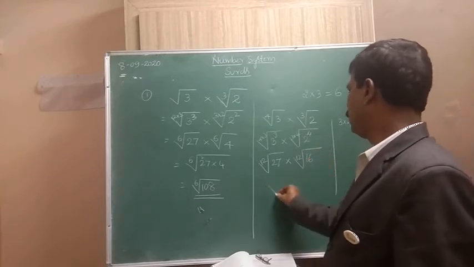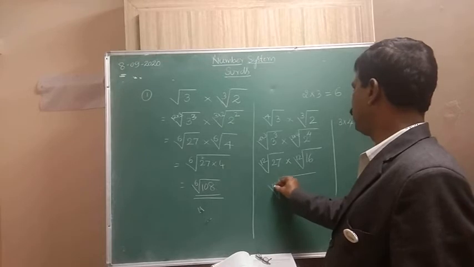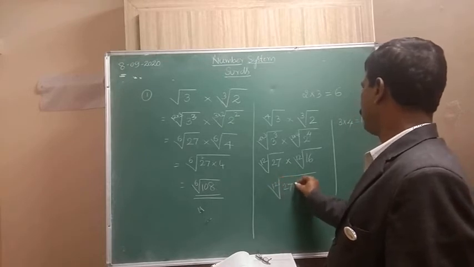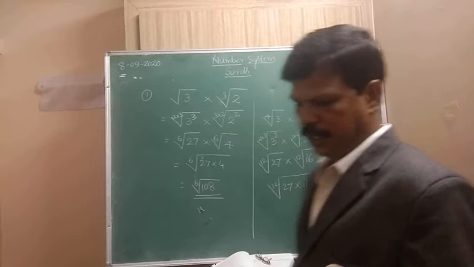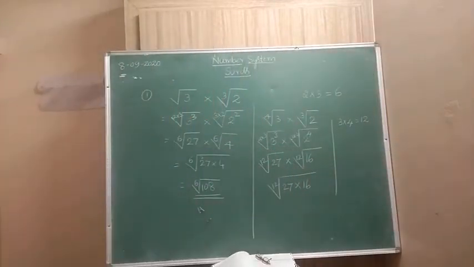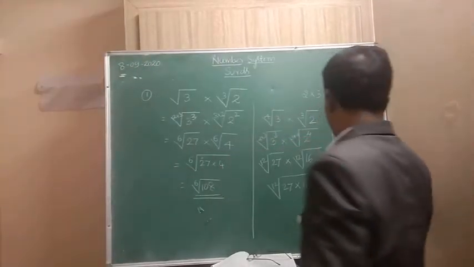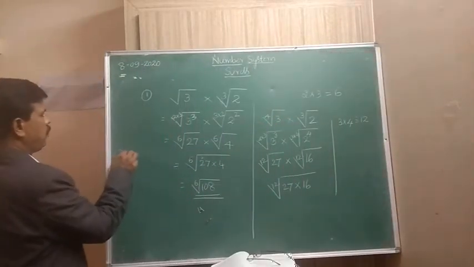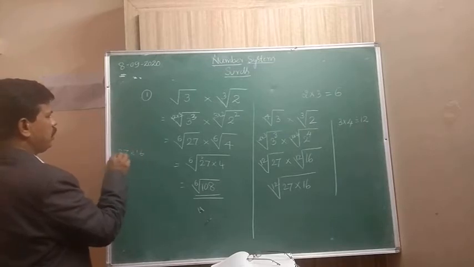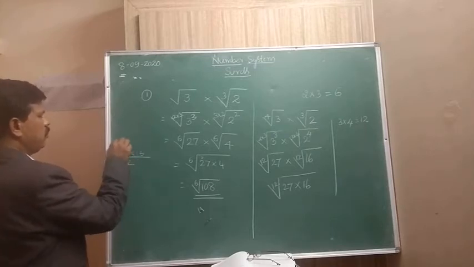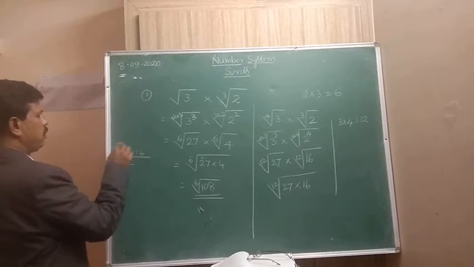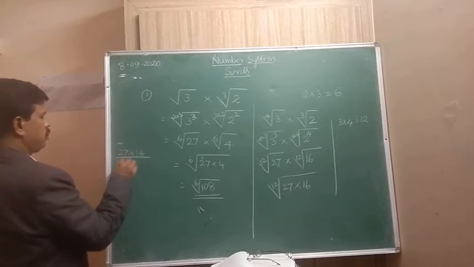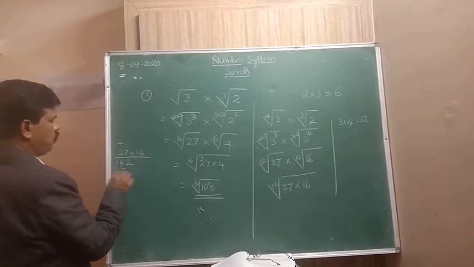Okay, now under one root symbol you should multiply 27 into 16. How to multiply that, I will show you. 27 into 16. 7 6s are 42, 4; 6 2s are 12, plus 4, 16. 7 1s are 7, 1 2 is 2.